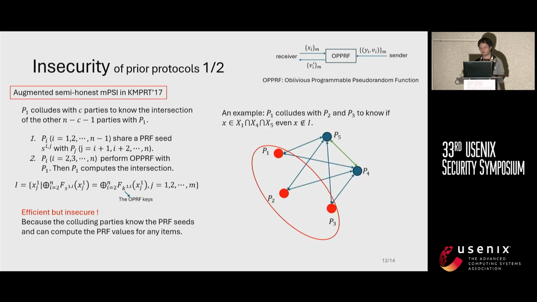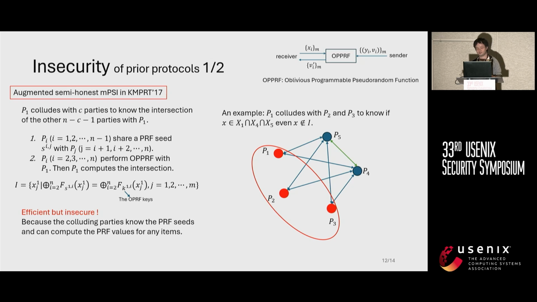Let's show one simple example. In this example, there are 5 parties. If P1 colludes with P2 and P3, then in the first phase, P2 and P3 can directly send all the PRF seeds to P1. So P1 can compute the PRF values for any items.